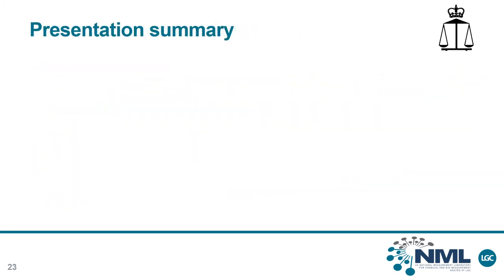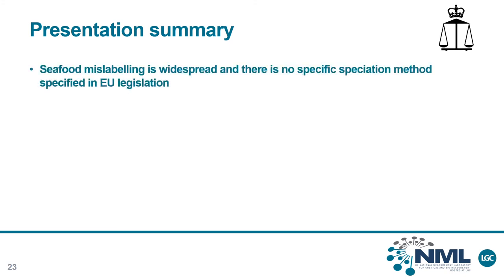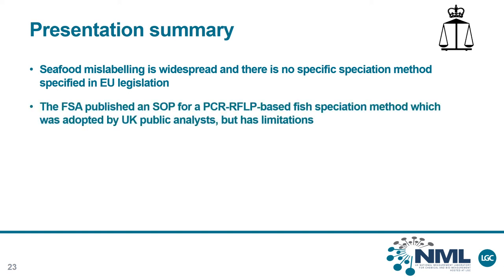To briefly summarise some key points. Seafood mislabelling is widespread in the EU, and EU legislation does not specify a standard method for fish speciation. The Food Standards Agency provided and disseminated a standard method for fish speciation based on PCR RFLP. This was adopted by public analysts in the UK and Republic of Ireland, but is limited and non-specific.